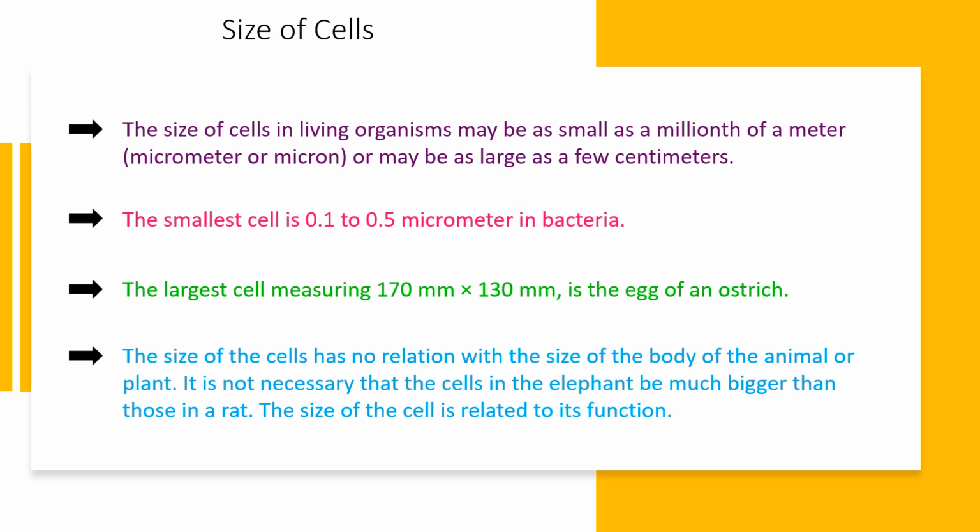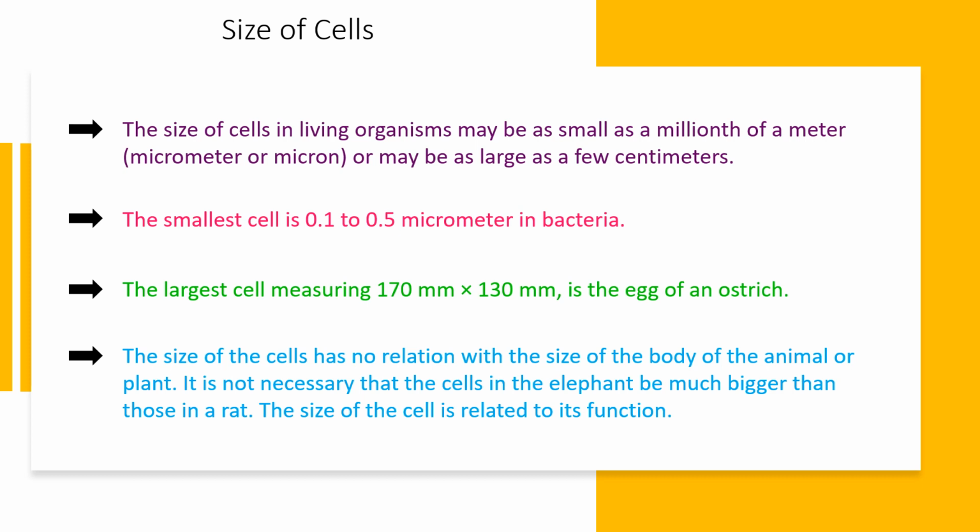The cells of living organisms may be as small as a millionth of a meter, which is known as a micrometer, or maybe as large as a few centimeters. Micrometer means a millionth of a meter.